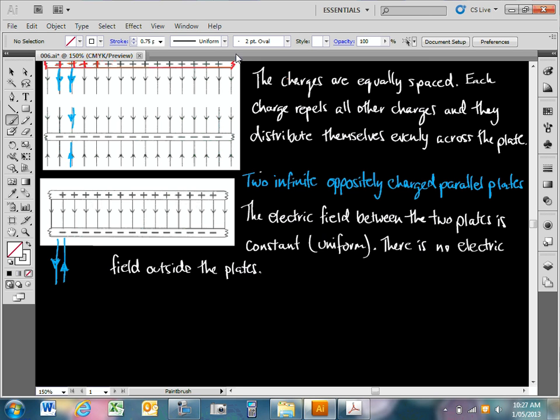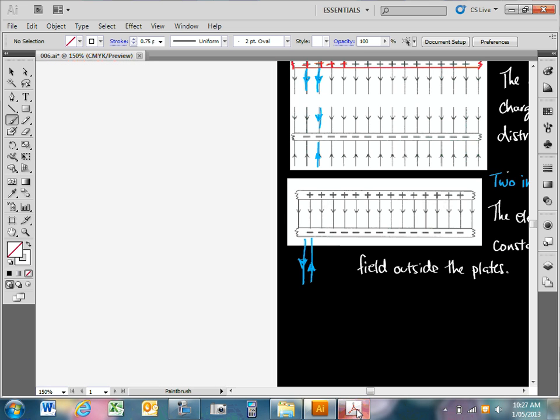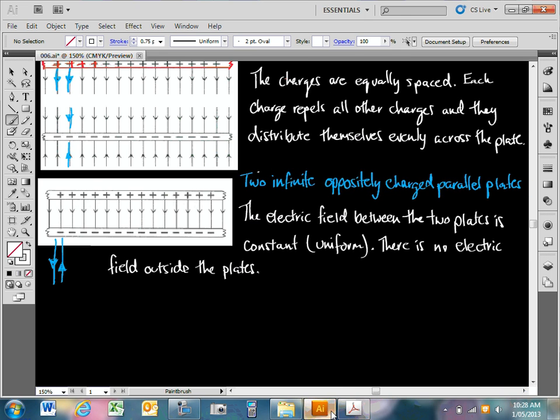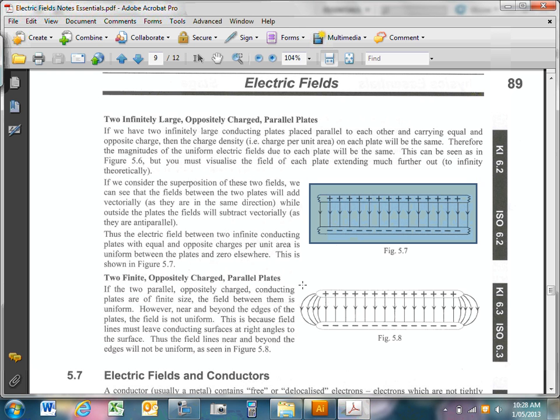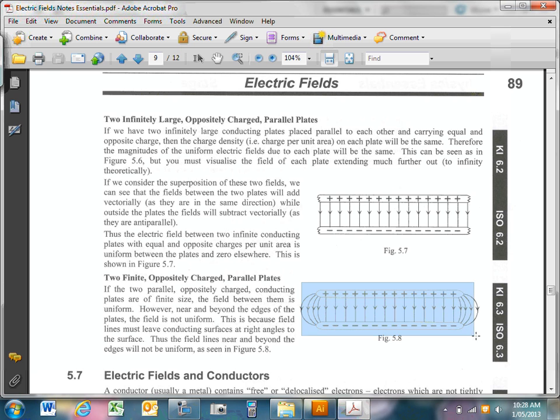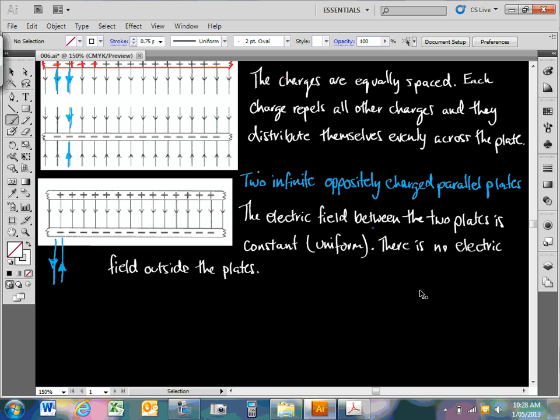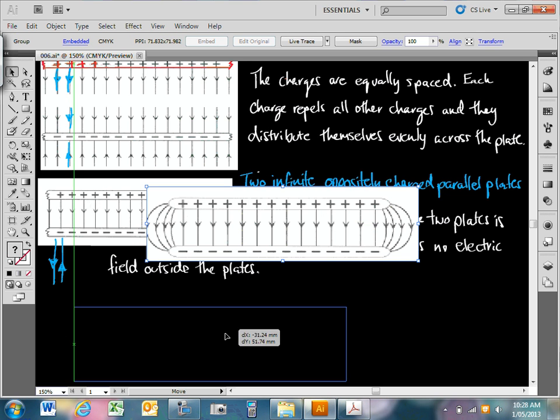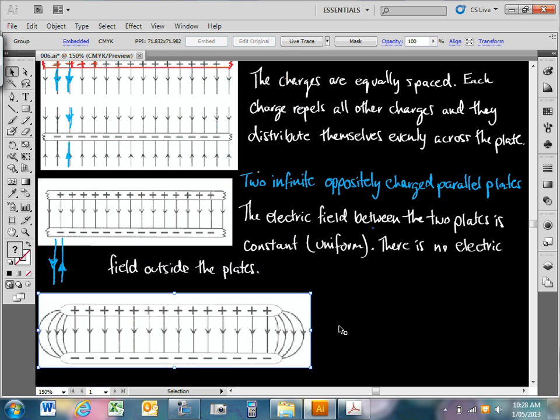Here's another situation that you do need to know about. Sometimes it goes haywire. This situation here, they may ask you to draw in the test or the exam. Two non-infinite parallel plates.